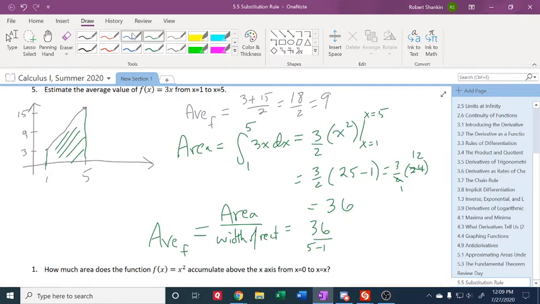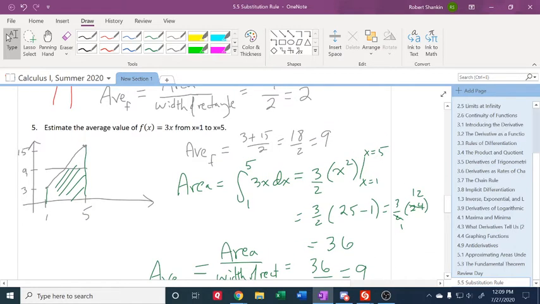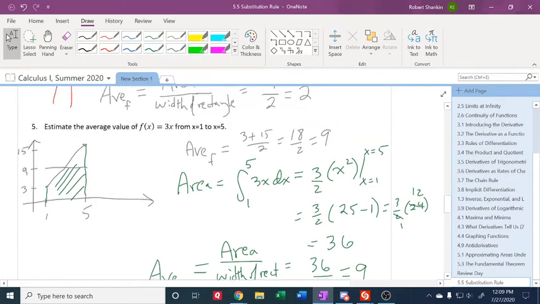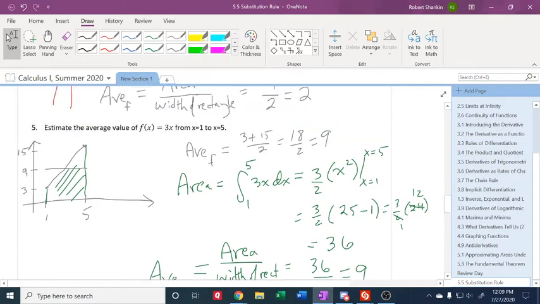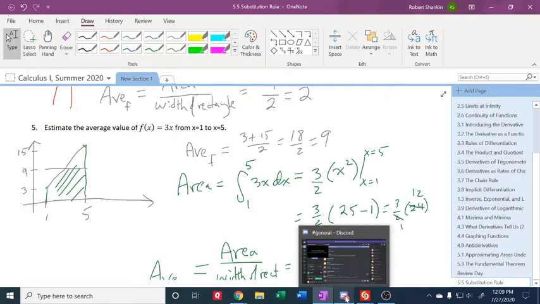So that means if we stuffed this area into this rectangle, what does its height have to be? And that turns out to be 9, like this. So that's average value. And give me a little feedback on average value. Is it too fast to really get it, or do you think you got it?